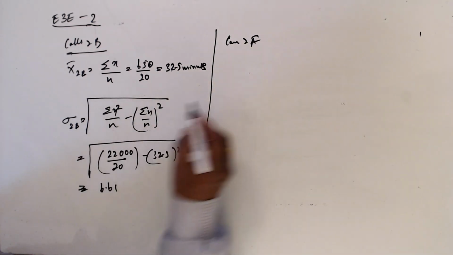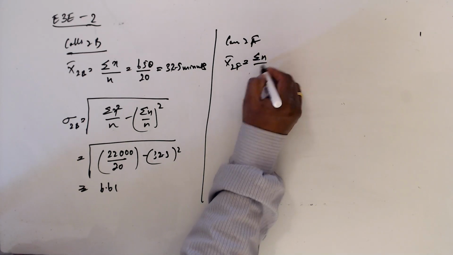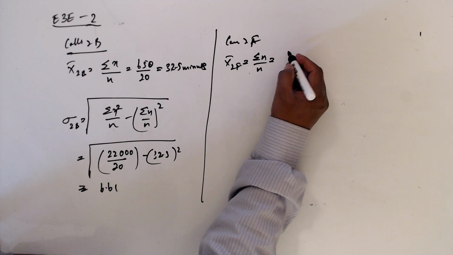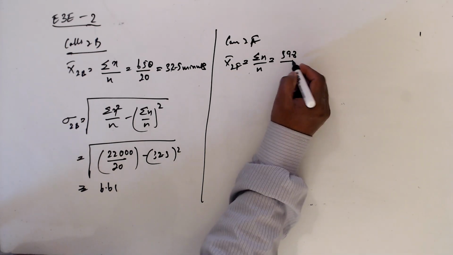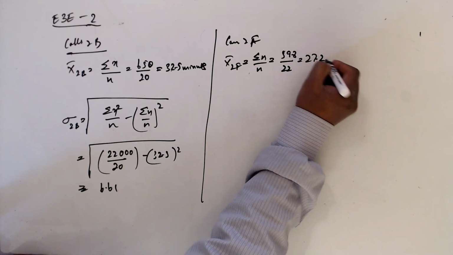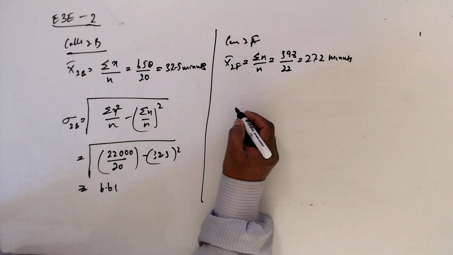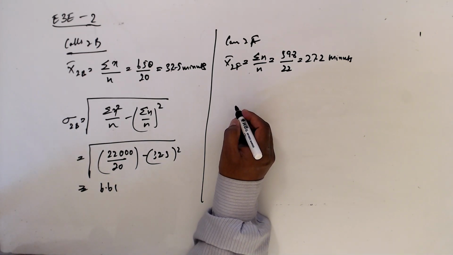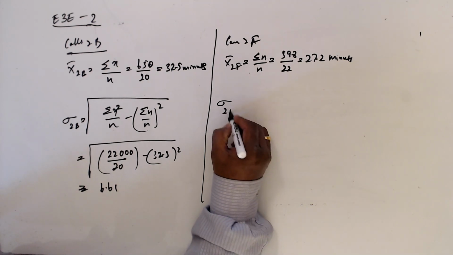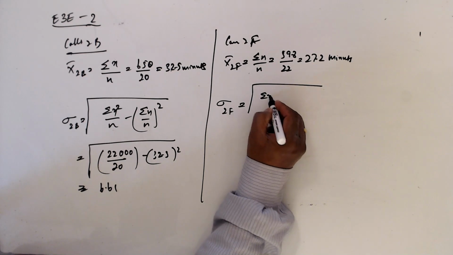And class 2F. So x bar 2F is summation x over n, that is 598 divided by 22, which is 27.2 minutes, and the standard deviation sigma 2F is the same formula.